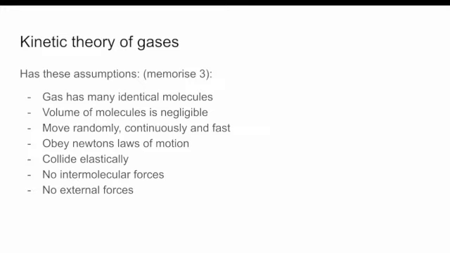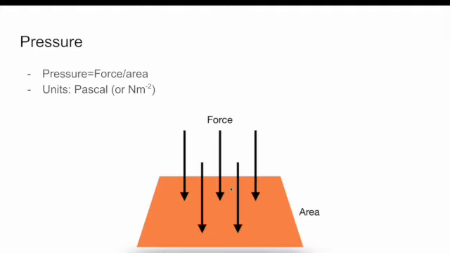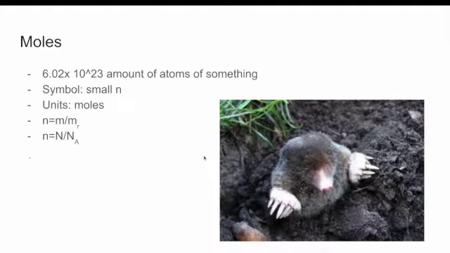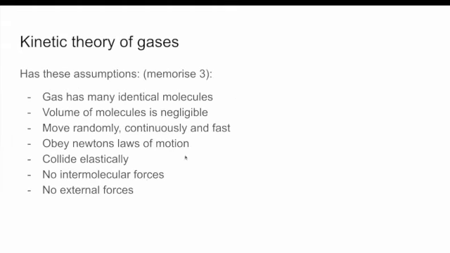And when there's a change in momentum, there's always a force exerted, right? We know that F equals delta P by delta T from topic 8.2. So when it hits, there's a force exerted. And when there's a force exerted on a unit area, that's basically pressure. So that's basically how a gas exerts pressure, and this is what explains that.